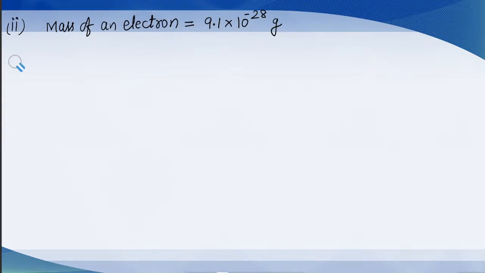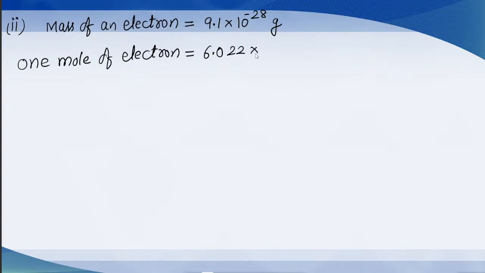So 1 mole of electrons means how many electrons? 1 mole of electrons is equal to 6.022 into 10 raised to power 23, right?